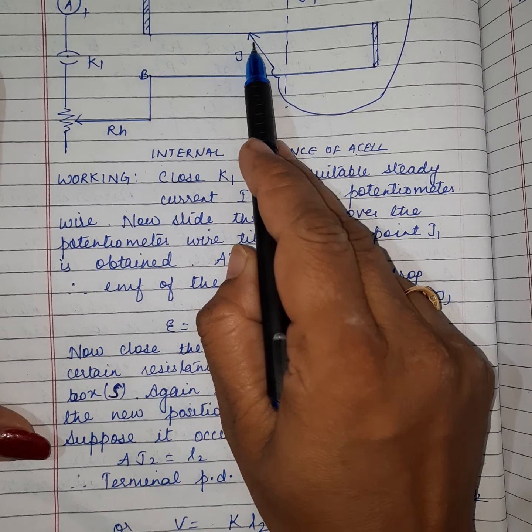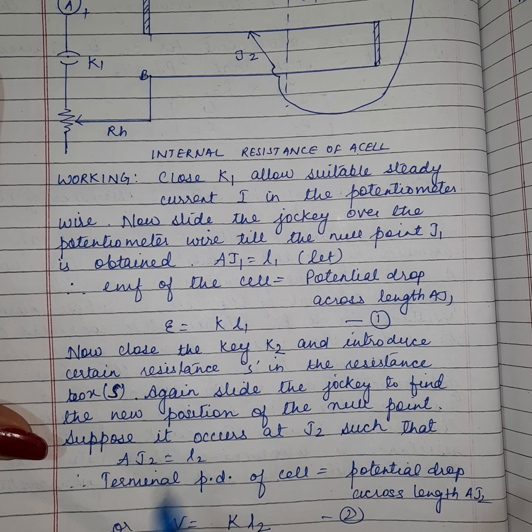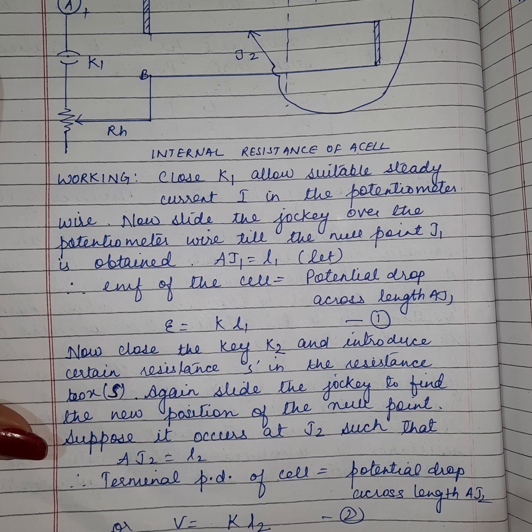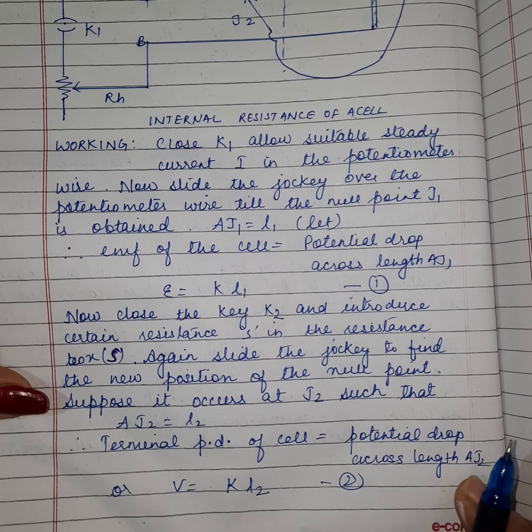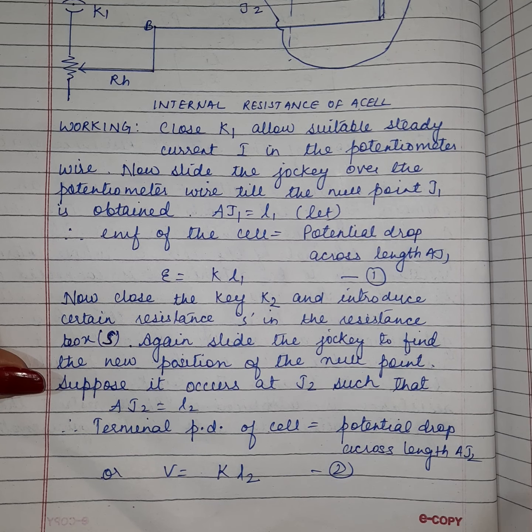Suppose it occurs at J2 such that AJ2 is equal to L2. So the terminal potential difference of the cell will be equal to the potential drop across the length AJ2. So we can write V equals K into L2.